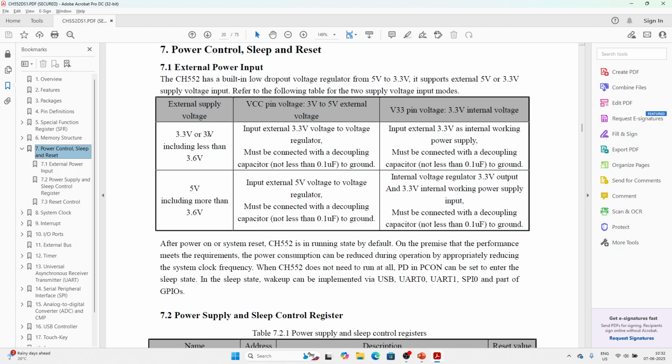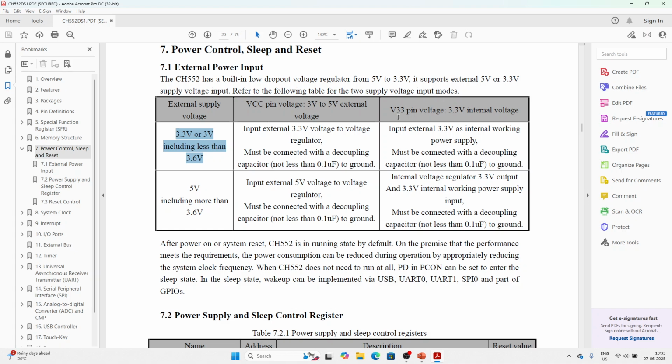If it is 3.3 or 3, including anything less than 3.6, input external 3.3 volts to the voltage regulator. So if we are giving anything less than 3.6 volts, the LDO might not be able to work as required. Okay, so it needs to have an external 3.3 regulator which is connected to the V3.3 pin, right?